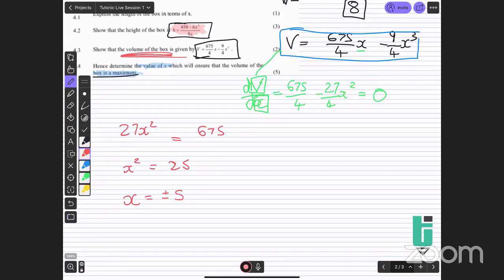Always be careful with that. But can x be minus 5?